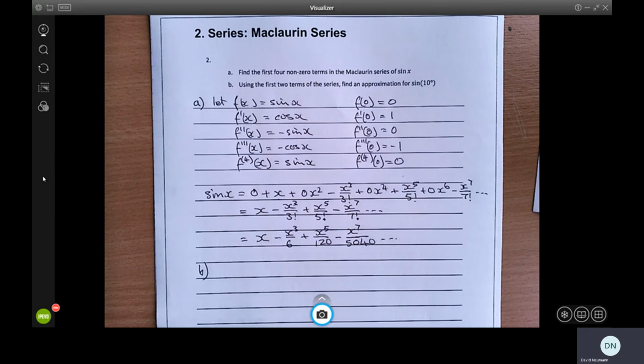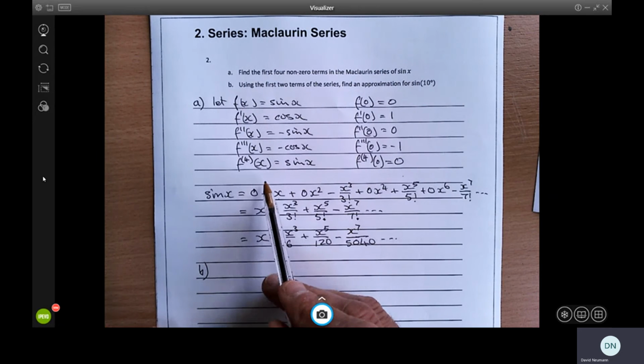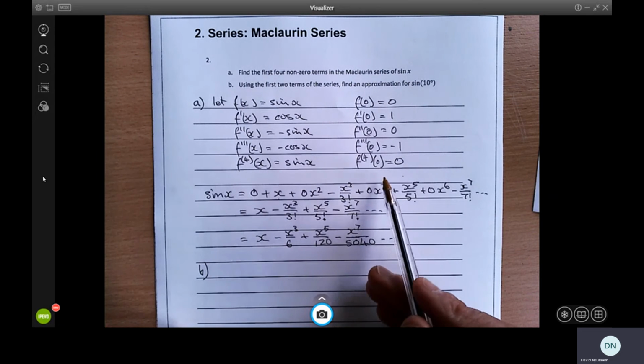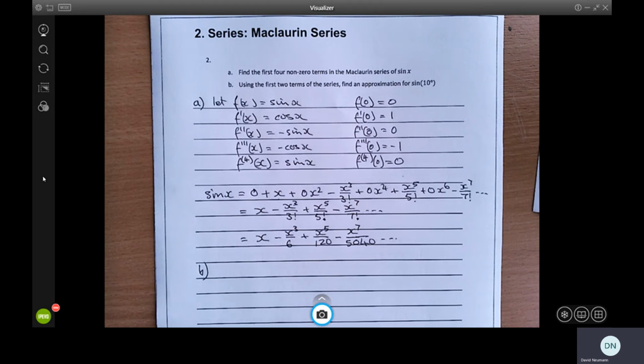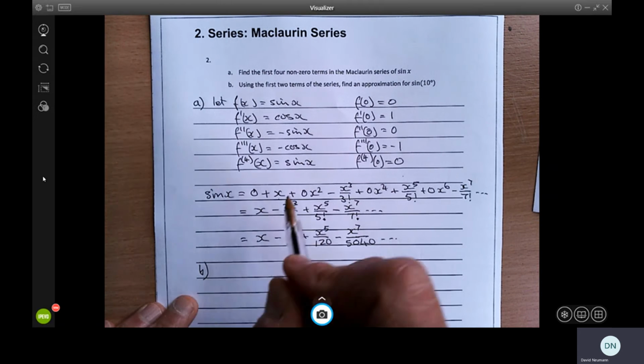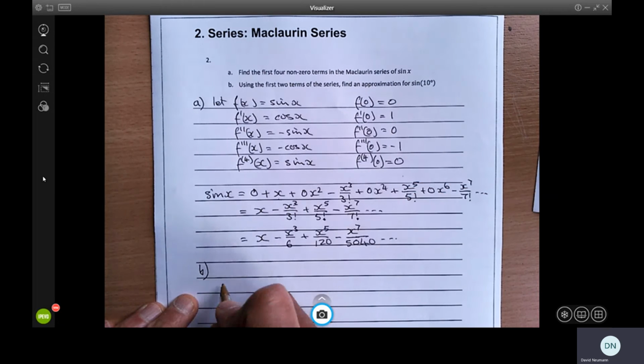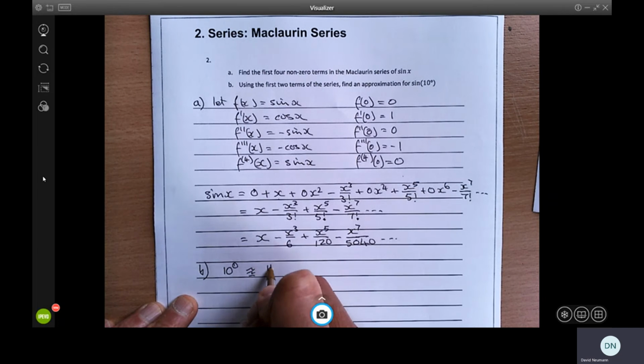And because we know that for any calculus that we do, we need to have angles in radians. So we want an approximation for sine of 10 degrees. We need to convert that into radians. So 10 degrees is equivalent to pi over 18 radians.